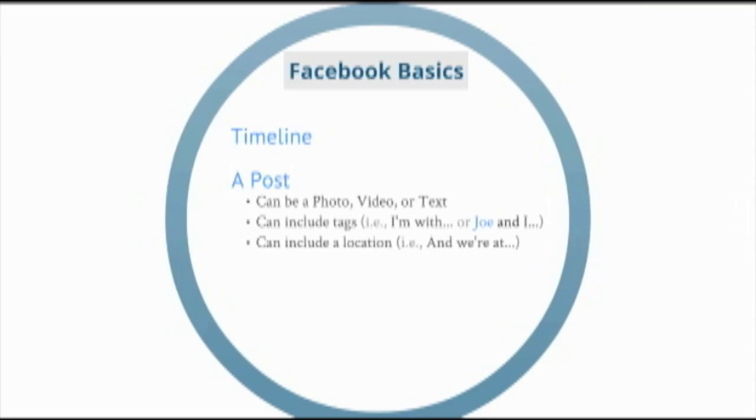They can also include tags where you tag other people in your posts, so you can say, I'm with so-and-so, or Joe and I are here. You can include a location, like Joe and I are eating pizza at Pizza Hut, whatever you want to put in there. Whether you're making a post on your own timeline or on a friend's timeline, you can include all of these different elements.